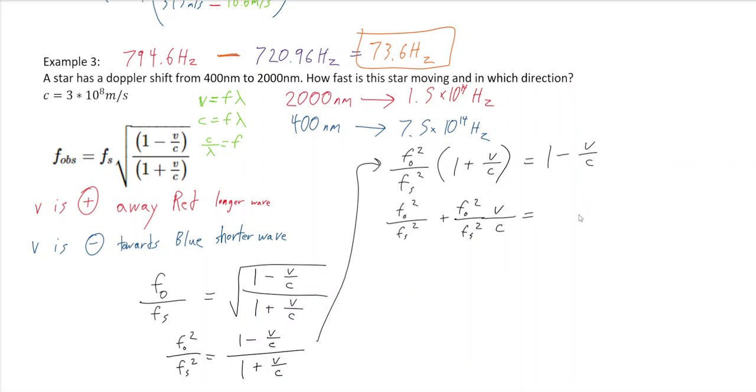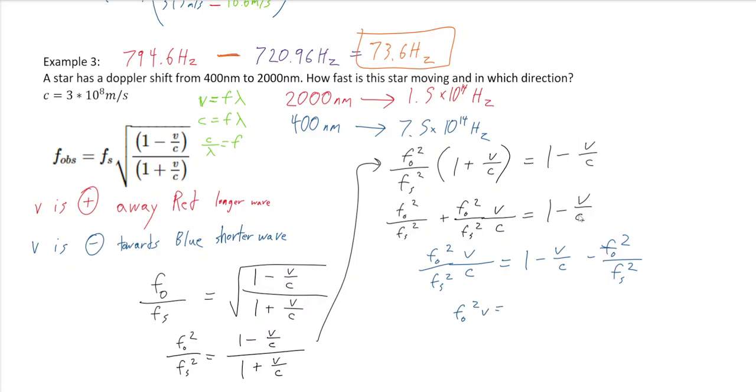Okay, now we can simply subtract this first term here. We're going to subtract that on both sides, so we're going to have f_o squared over f_s squared times v over c equals, and then, like I said, subtract on both sides, like this. Okay, now we're going to multiply both sides by c and by f_s squared.